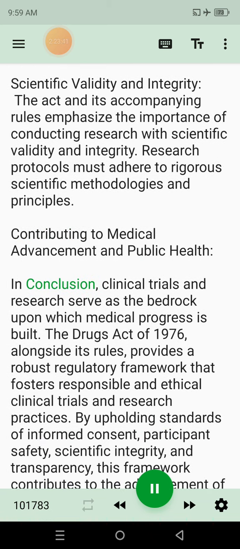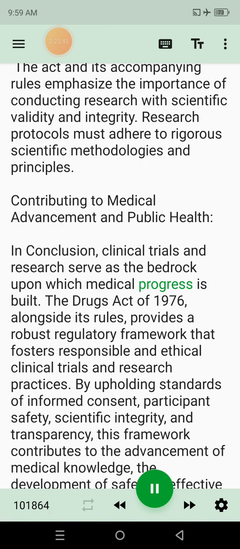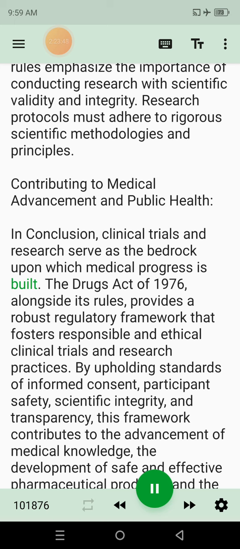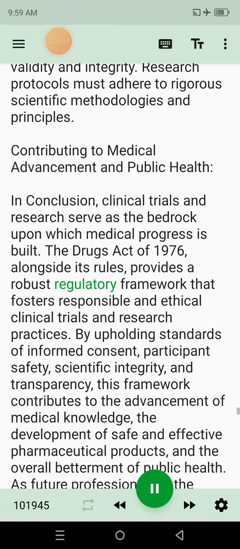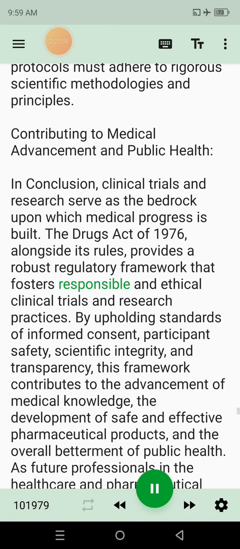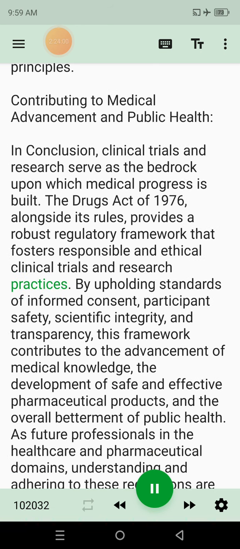In conclusion, clinical trials and research serve as the bedrock upon which medical progress is built. The Drugs Act of 1976, alongside its rules, provides a robust regulatory framework that fosters responsible and ethical clinical trials and research practices.